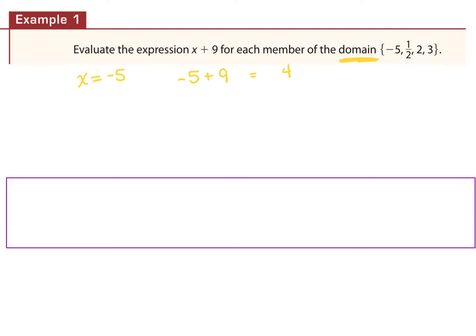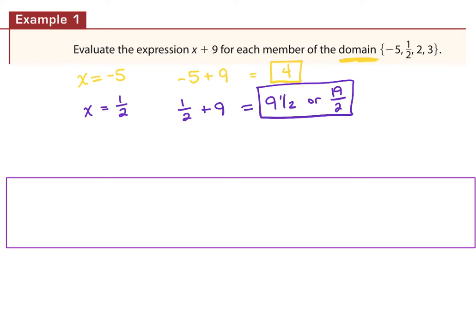So when x is -5, then my output is going to be 4. And they want me to do this for every single one of these. The next one's 1/2. So if they want me to evaluate it at 1/2, I'm going to simply say 1/2 plus 9. That is just 9.5. Or you could write it 19/2, right?